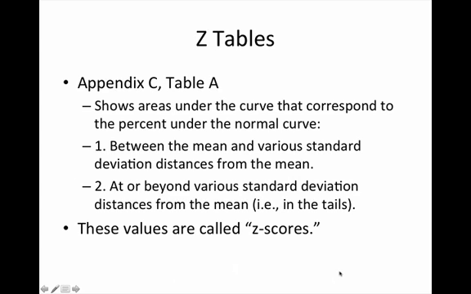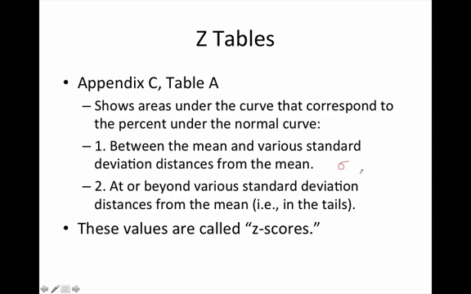Now, Appendix C, Table A in the back of the book shows areas under the curve that correspond to the percent of this normal curve. It shows 2 columns. It shows the percent of the distribution that's between the mean and various standard deviation distances from the mean. And in the book, in your index, the idea of standard deviation is expressed by lowercase sigma.